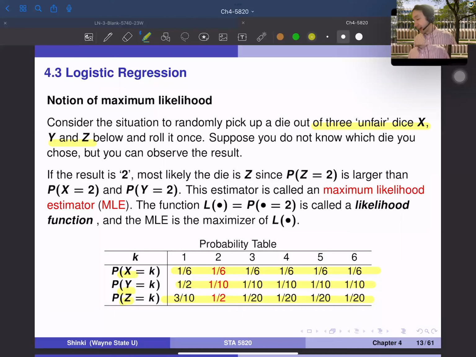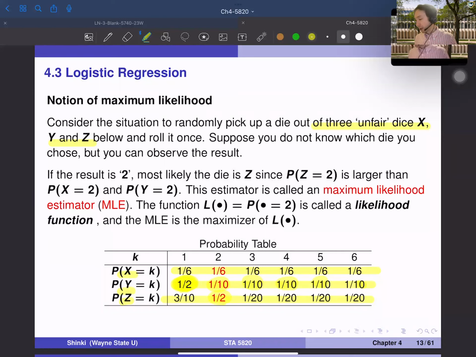For die Y, the 1 is more likely to happen than others: the 1 will occur with probability 1/2, but the other probabilities are all 1/10. And die Z is also a loaded die, and the 2 is the most likely outcome for this die. And the 1 is next most likely, so 30%, 50%, and 30%. And the others have very small probabilities.